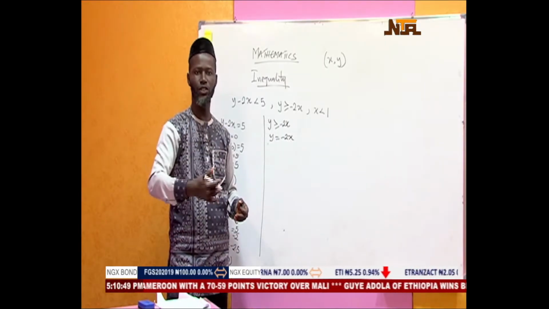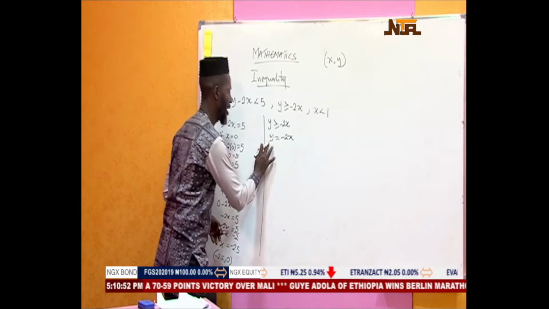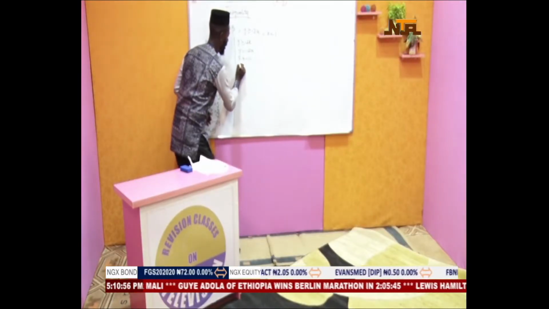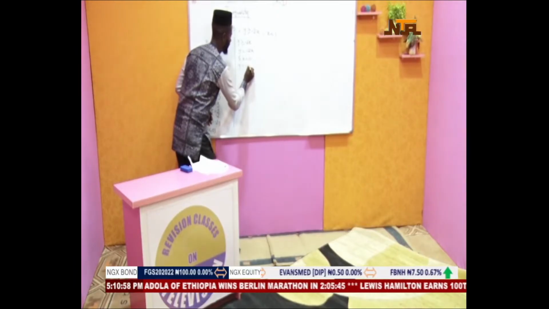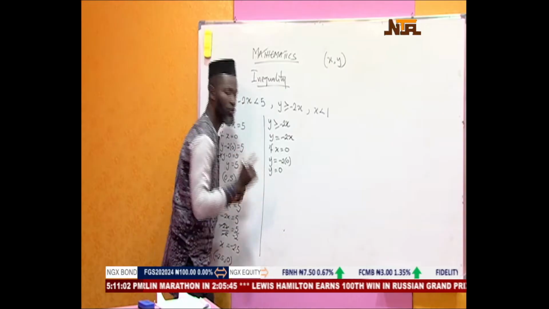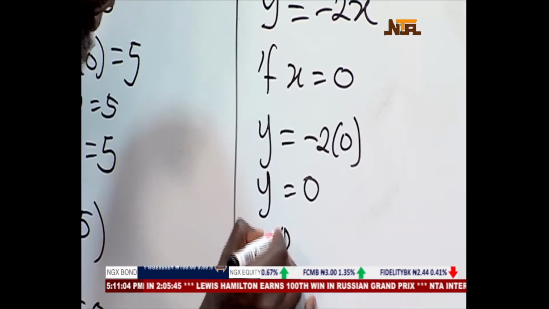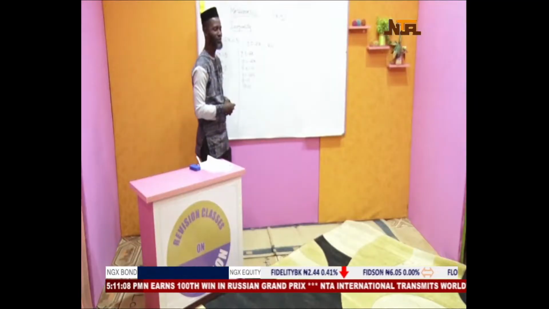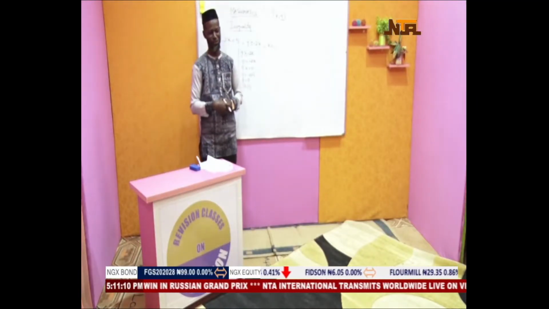So you need the normal equation to get your straight line. If x is equal to 0, then y is equal to minus 2 into bracket 0. That means that y is equal to 0. So for the first coordinate, we have the origin, which is 0, 0. That is y is equal to 0 and x is equal to 0.